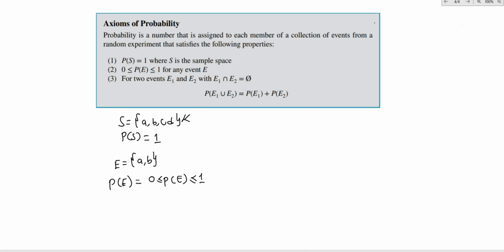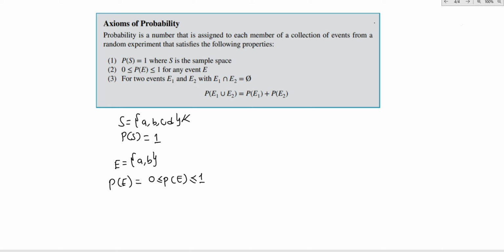The probability of this event will actually be equal to 1 if all the outcomes in the event are the same as the outcomes in the sample space. That's when you are going to get 1. But if we have any other event which doesn't contain all the elements in the sample space, then the probability of the event should be within this range, between 0 and 1. That's what this means.